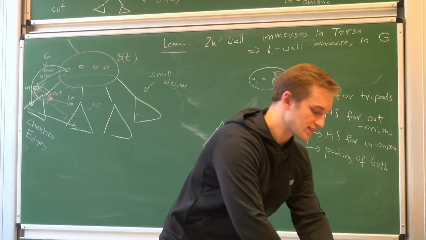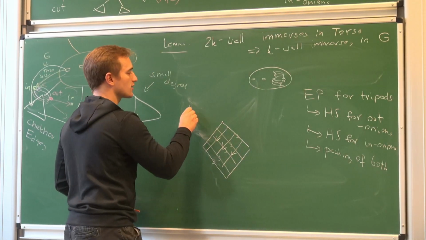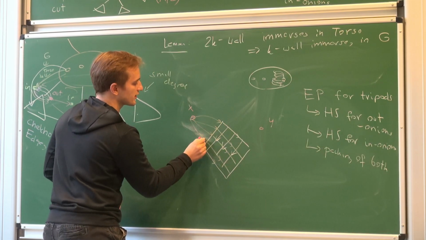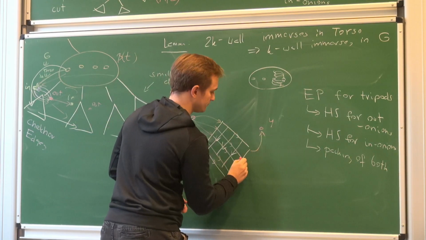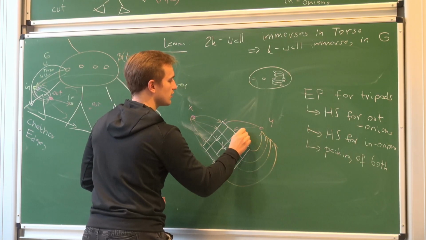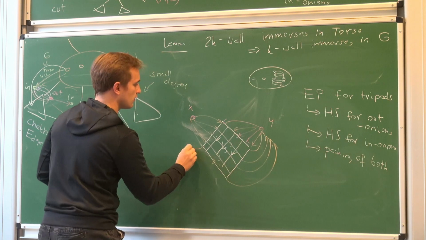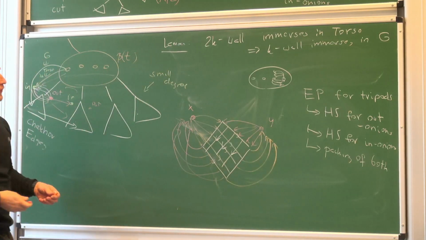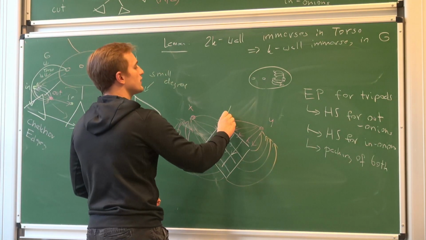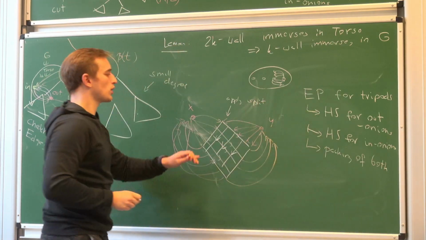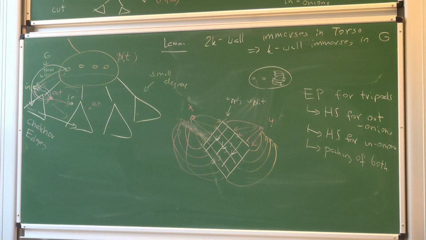And now take two vertices, X, Y, and you orient edges like this, and like this. And apply split here, on every vertex of this white grid. I will not draw how it looks, but the split.